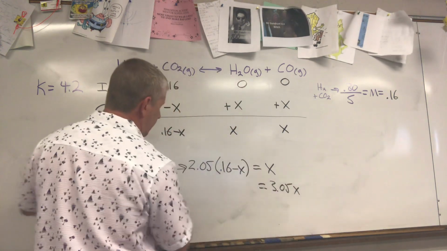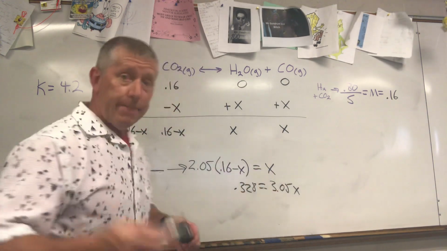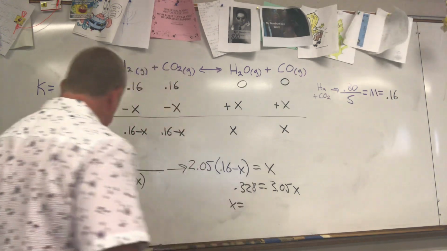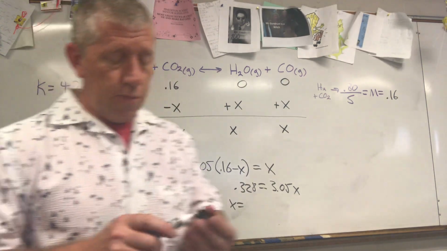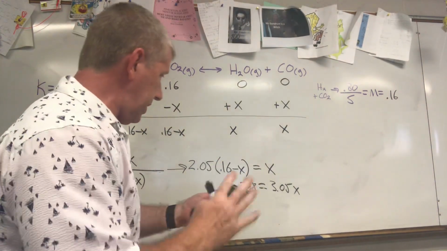And that equals 0.328. Solve for x by dividing. So x is going to be equal to 0.328 divided by 3.05. Let's do that out, and let's get this problem kind of done.